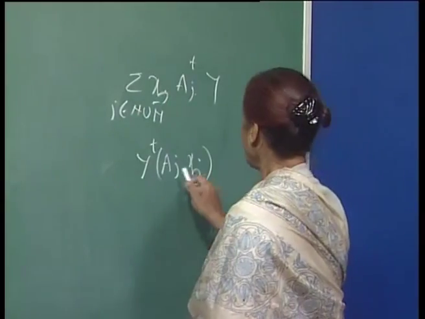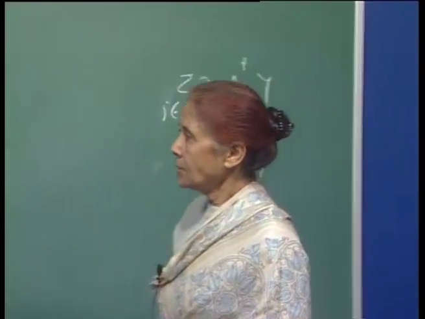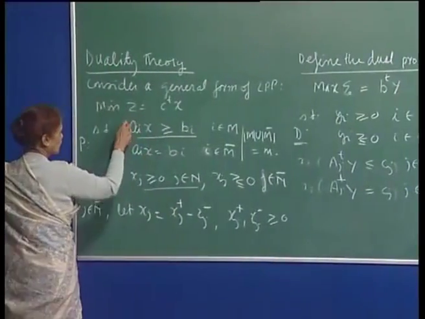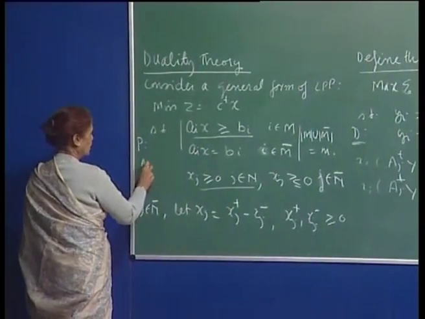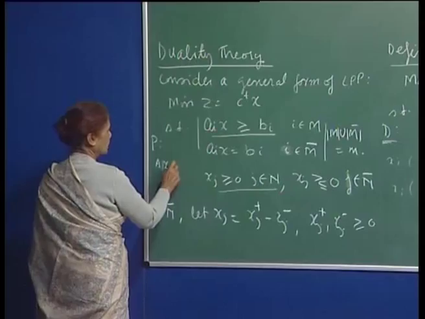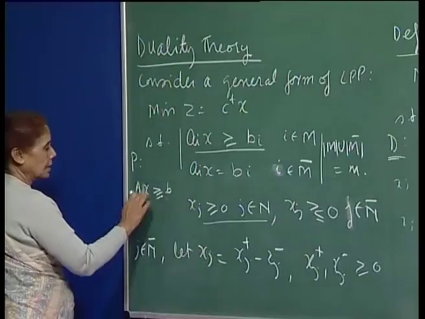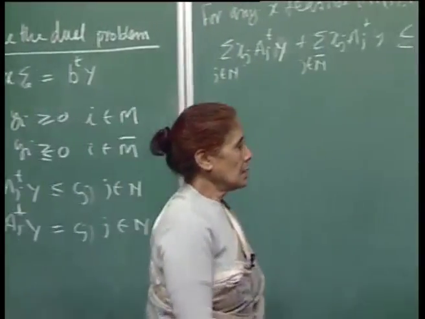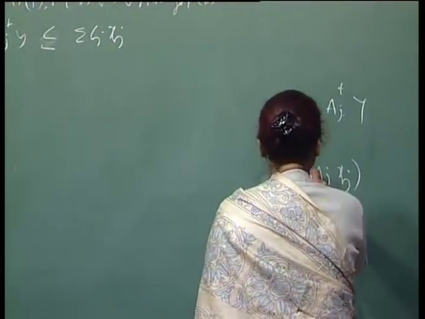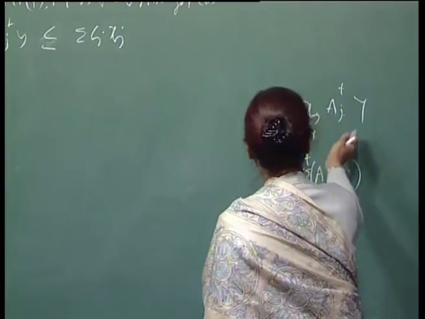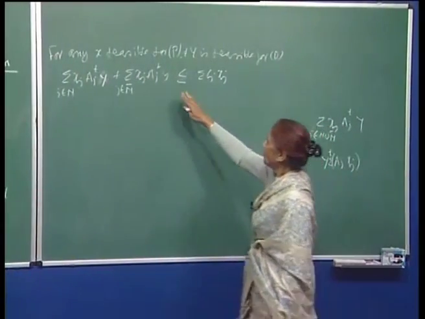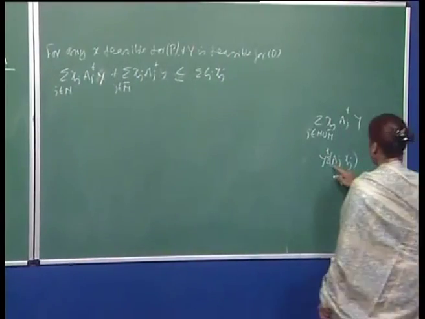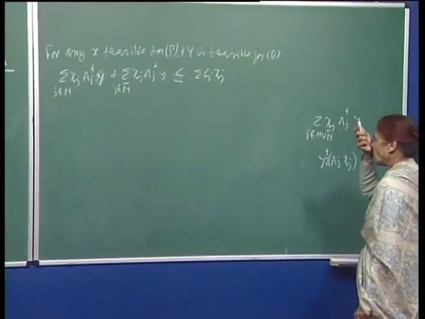And remember, aj xj is greater than or equal to, these constraints you can also write as ax greater than or equal to b, equal and b. So, this whole thing becomes ax, you are summing over j, because y transpose I can take outside, then I am summing over aj xj, which is greater than or equal to b.